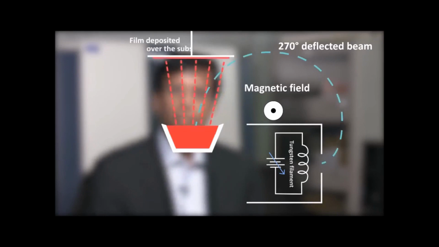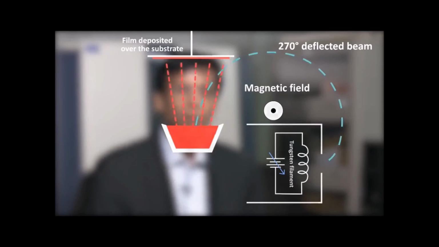These evaporated materials get deposited in the form of a thin film on a substrate, which is kept just over the beam hearth.